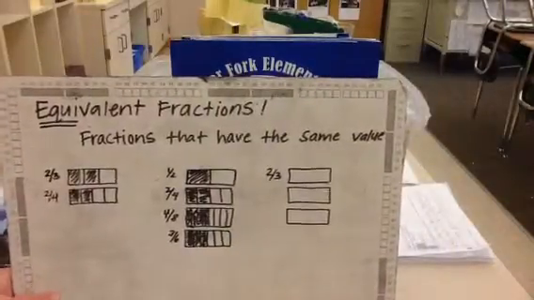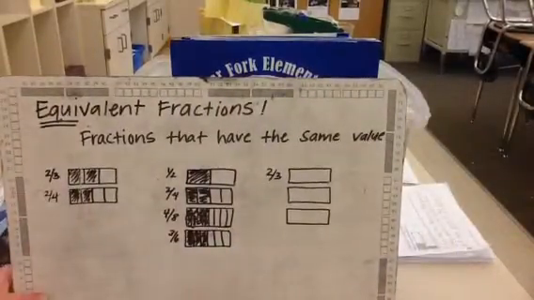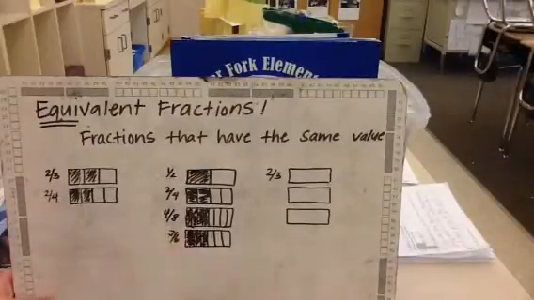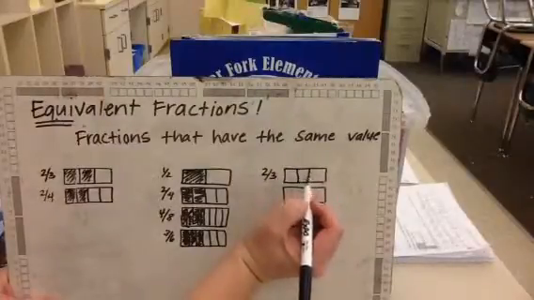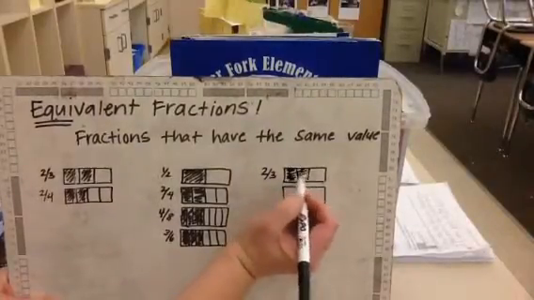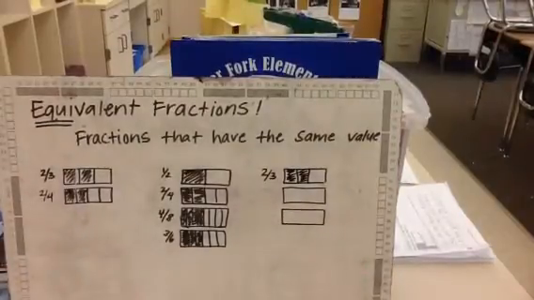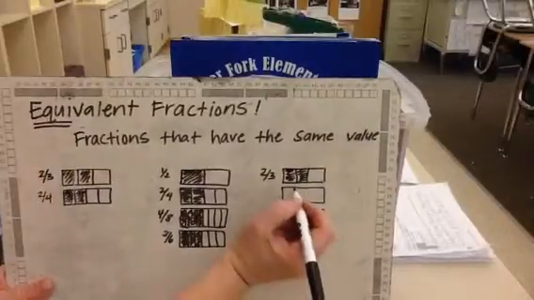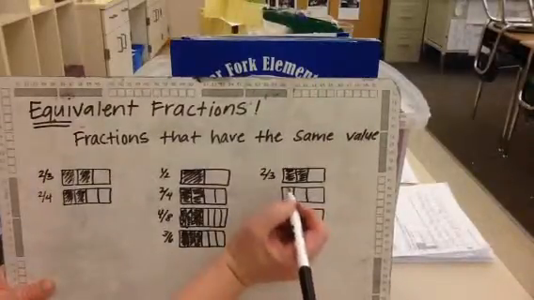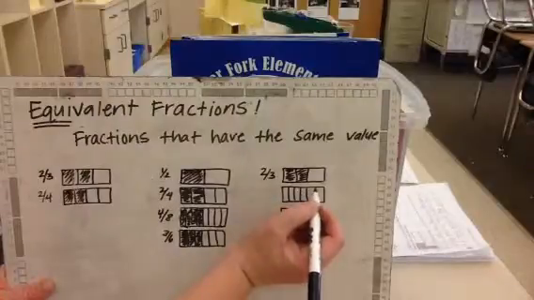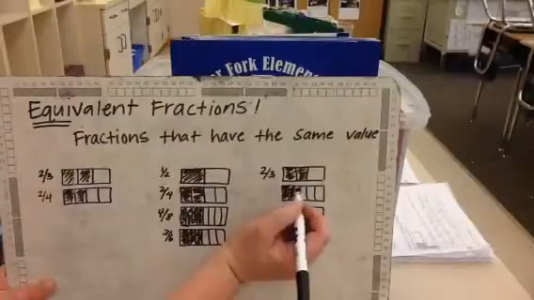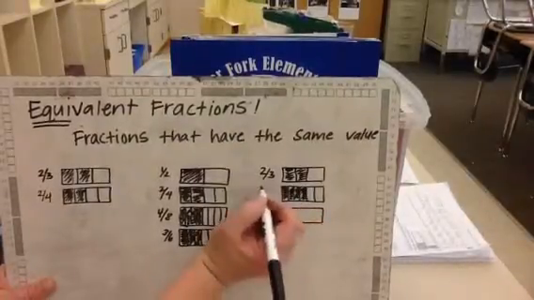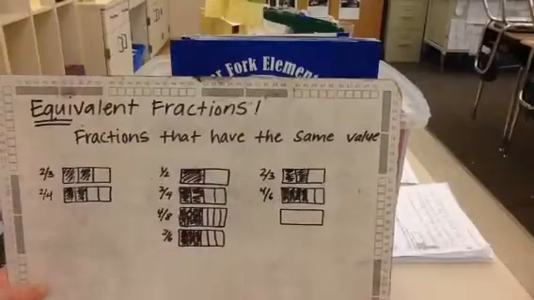Let me just do a few more examples here with things that don't really work so well with some of these denominators but work well with each other. So 2/3, let me shade in 2/3 here. There's my 2 of the 3 parts shaded in. I know that 3 and 6 work well together, so I'm going to make this into sixths, and then I'm going to find the part of it that looks equal, and I'm going to make that into 4/6.